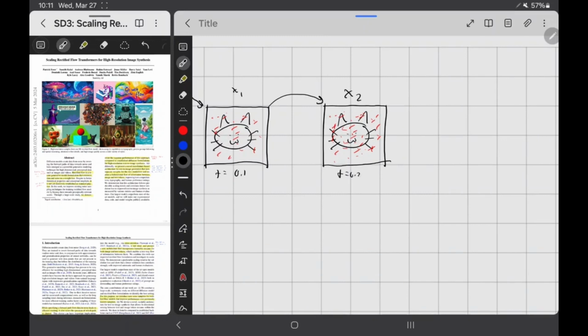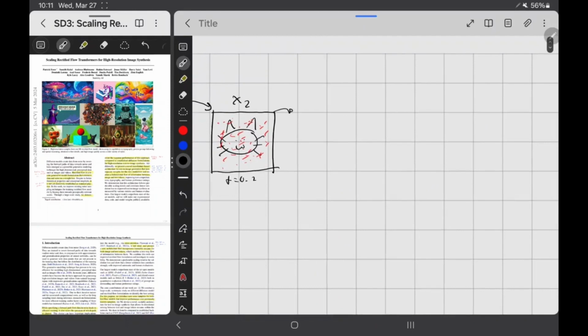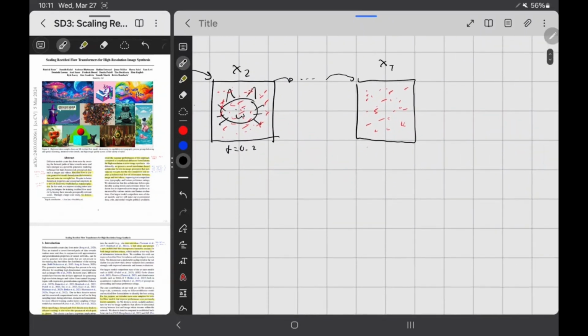Say this is time step 0.2. You keep doing this over and over again until you get to the last step, which is pure Gaussian noise. So this will be 100% noise and 0% signal. This will be, say, x big T, and this will be our time step 1.